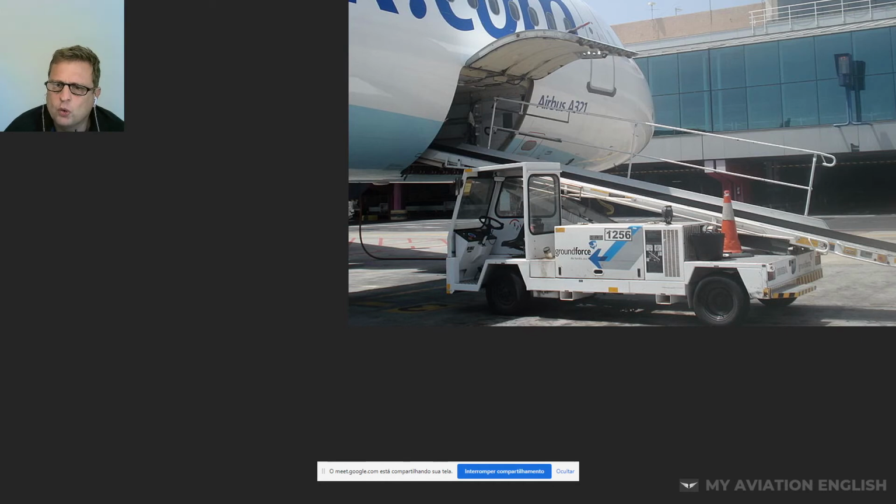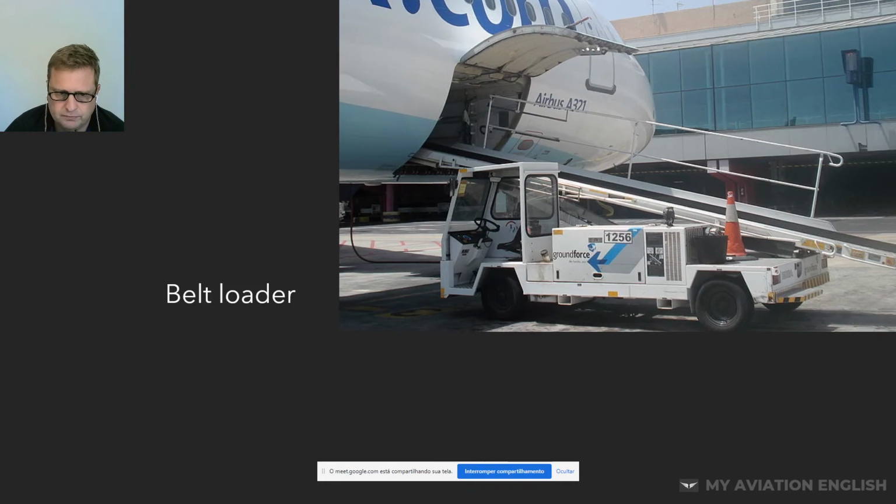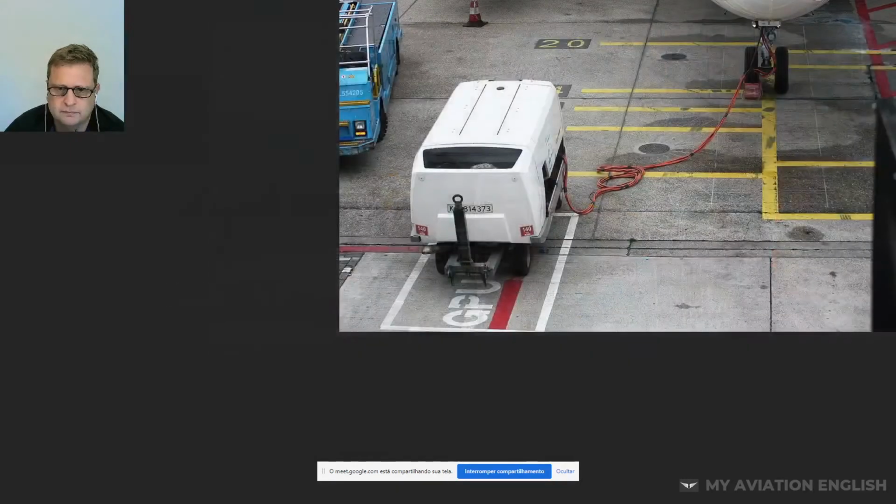And this type of loader, which loads the luggage into the cargo compartment. Belt loader. Very much used on the aprons, on the tarmacs, to service the aircraft. This one you know. Is a GPU. How do you say it?